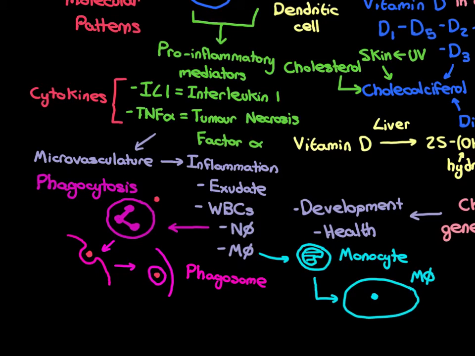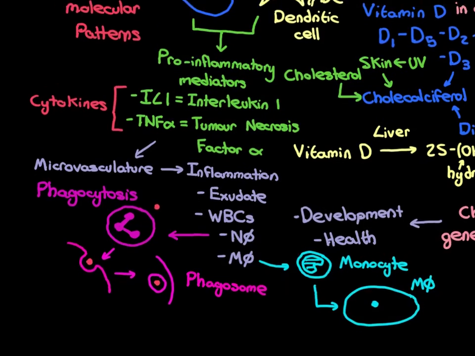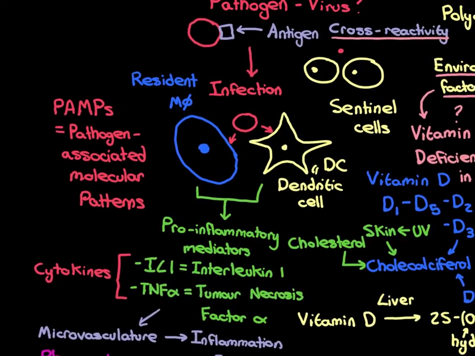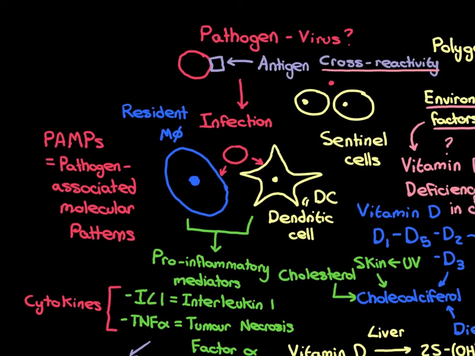However, what can now be initiated after the inflammatory response is the adaptive immune response. And if the inflammatory response alone is not sufficient to destroy the pathogen, then the adaptive immune response will work, hopefully. So, we now want to talk about how this pathogen is going to initiate the adaptive immune response.